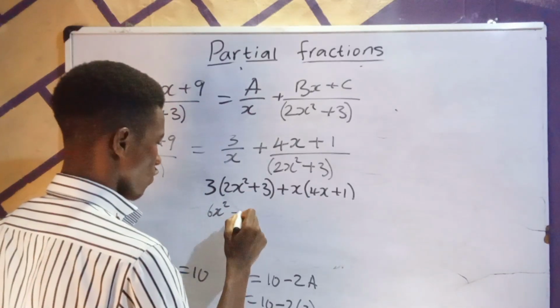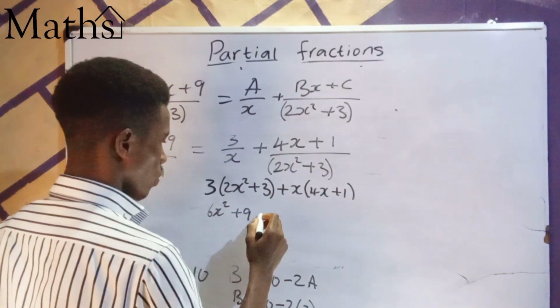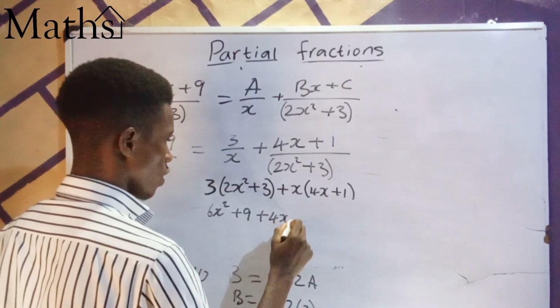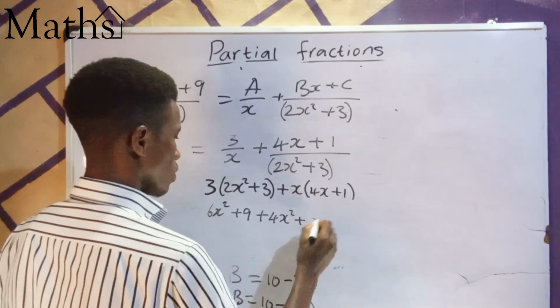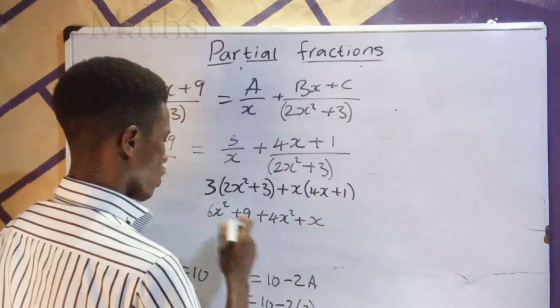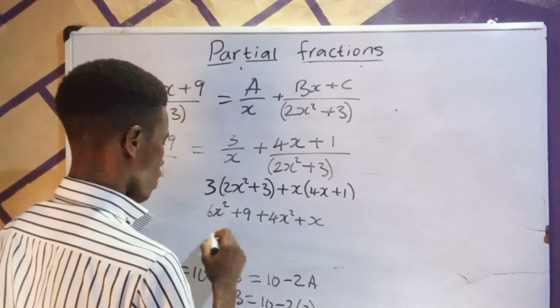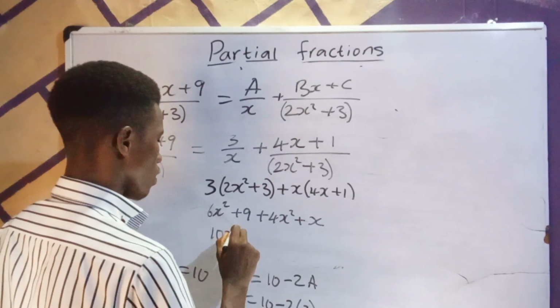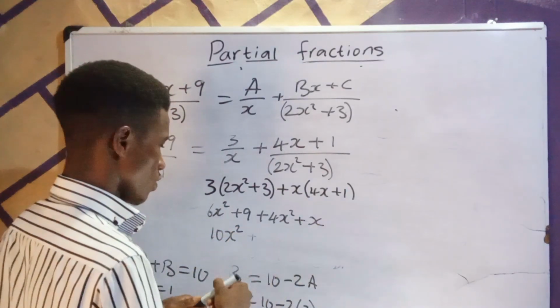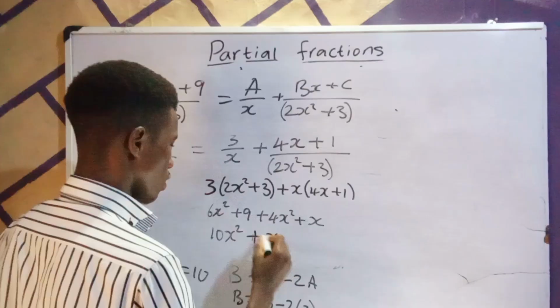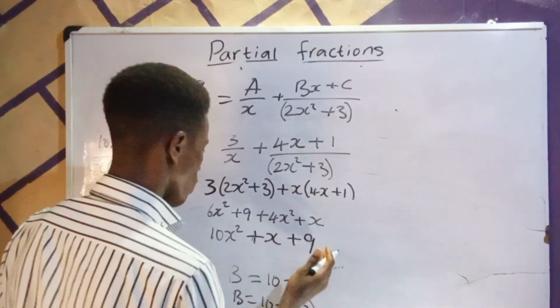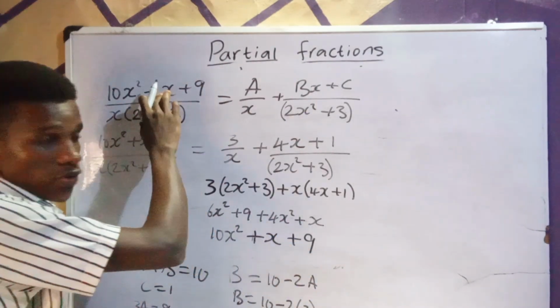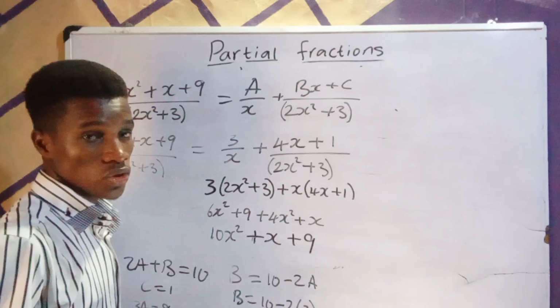This multiplied by this, we have plus 9. This one opened up, we have plus 4x squared plus x. When we collect like terms, this and this are like terms. So here we have 10x squared. We don't have any other x except this, so plus x, then plus 9. This is the same thing as what we have here. So this verifies that this is actually our solution.